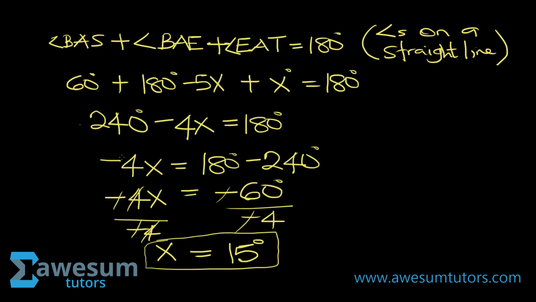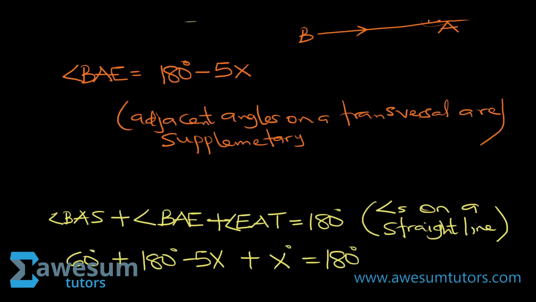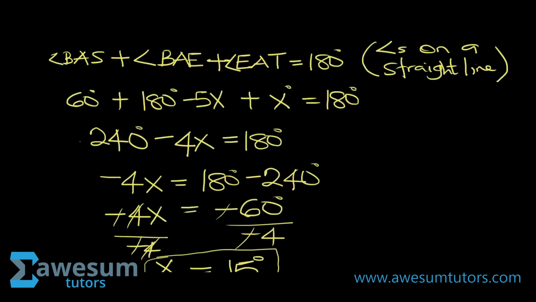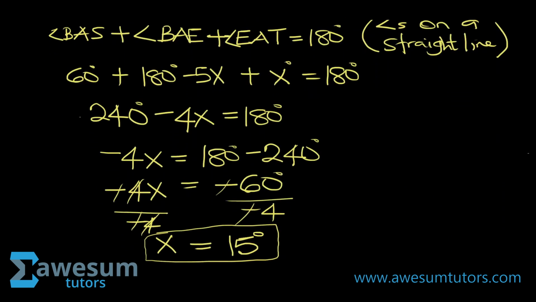Take note, all we did right here was to sum up everything to give you 180 degrees, because according to our diagram, those three angles are angles on a straight line. Then we collected like terms.